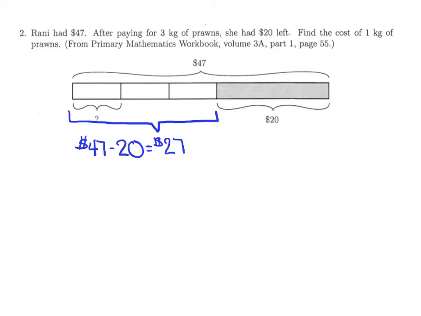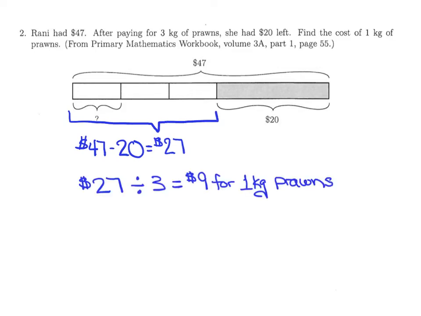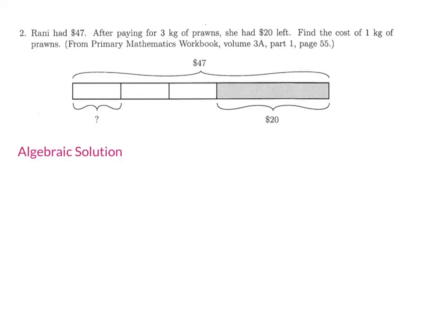To get the amount for each, we will have to divide $27 by 3, giving us $9 for 1 kilogram of prawns. Now let's look at the same problem with an algebraic solution.